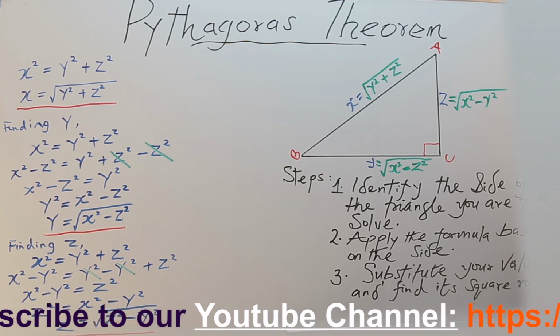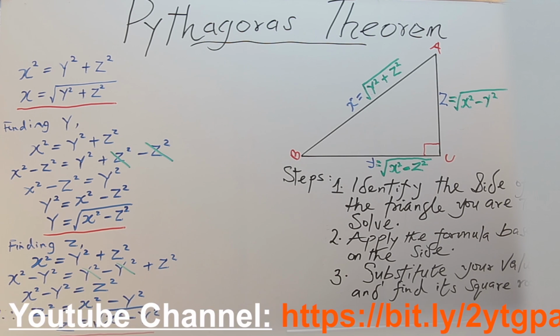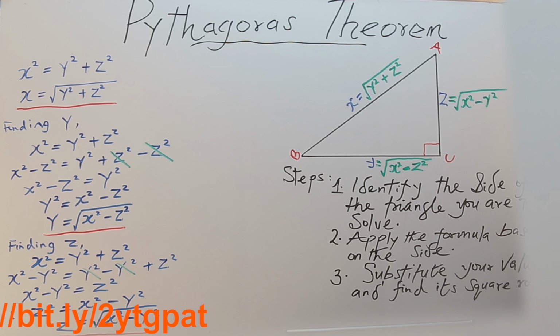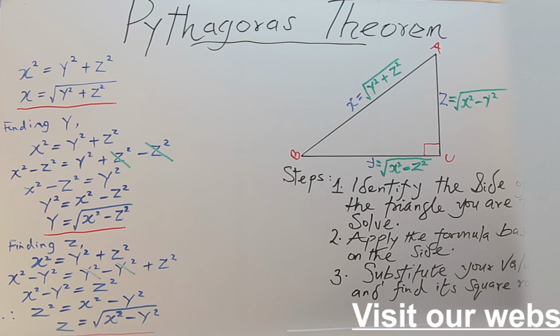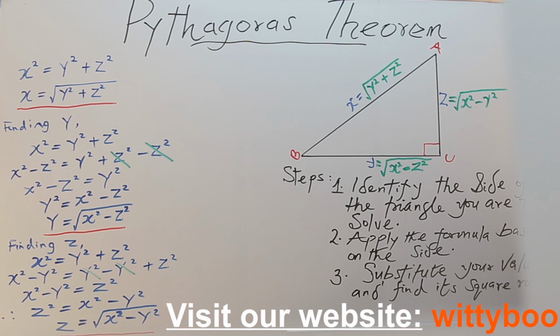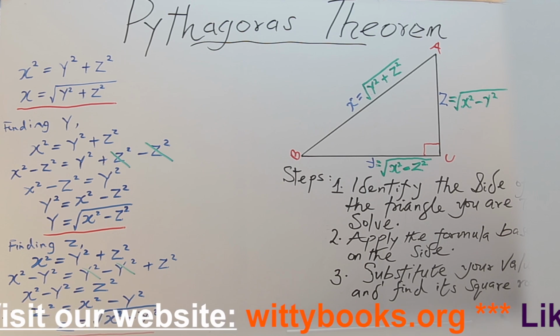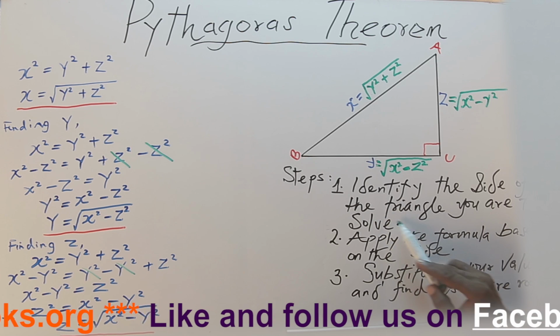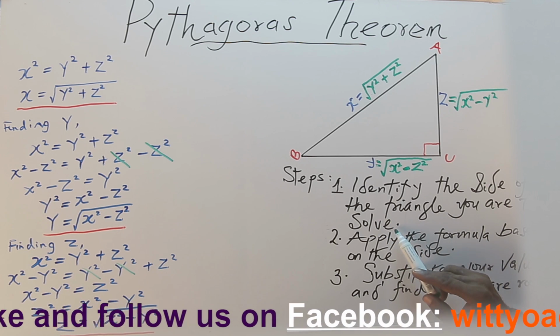Now, if you're given a problem to solve in Pythagoras theorem, these steps will help you, and we'll have 3 steps that you can apply. The first step is to identify the side of the triangle you are to solve.